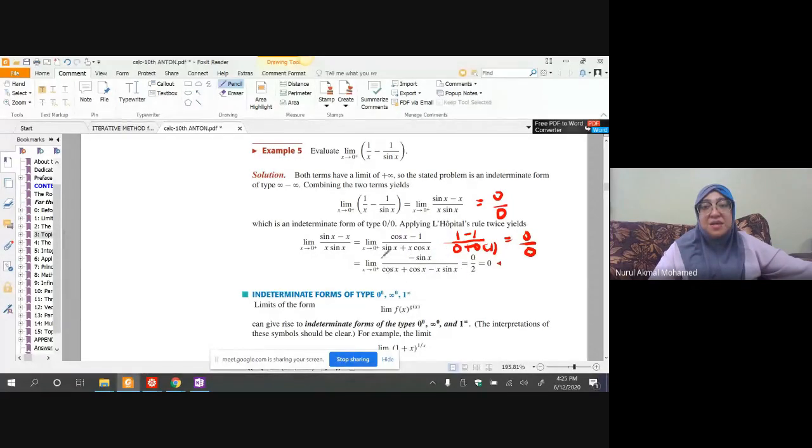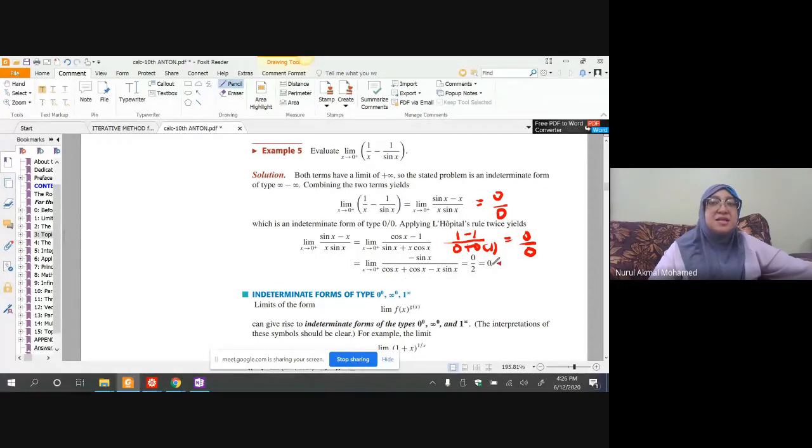You divide by the derivative of the denominator, so cos x plus, for this one you apply the product rule, you get cos x minus x sine x. Then you substitute x equal to 0. You get sine 0 equal to 0, but for the denominator, it is not 0.